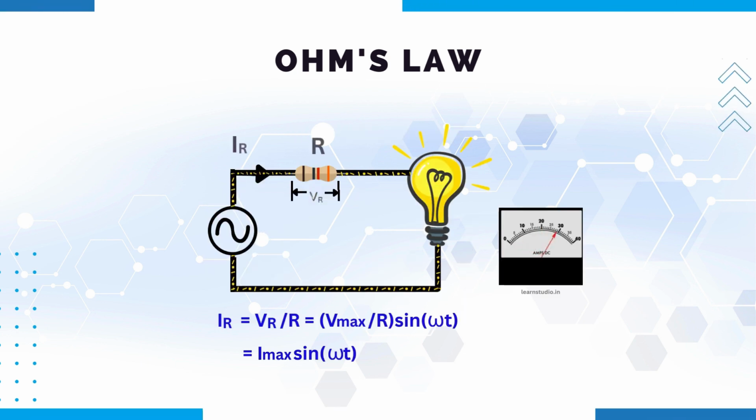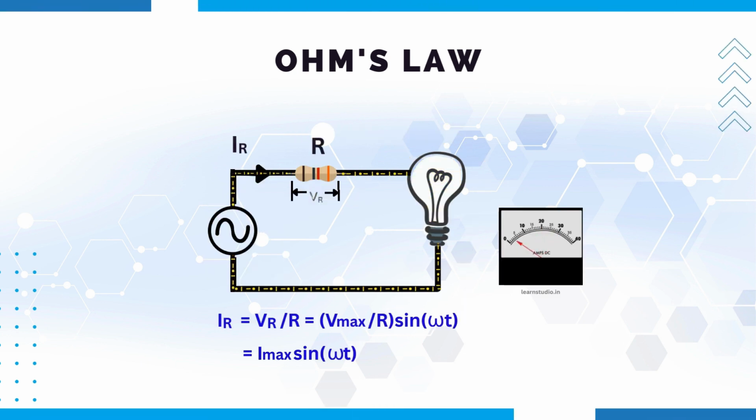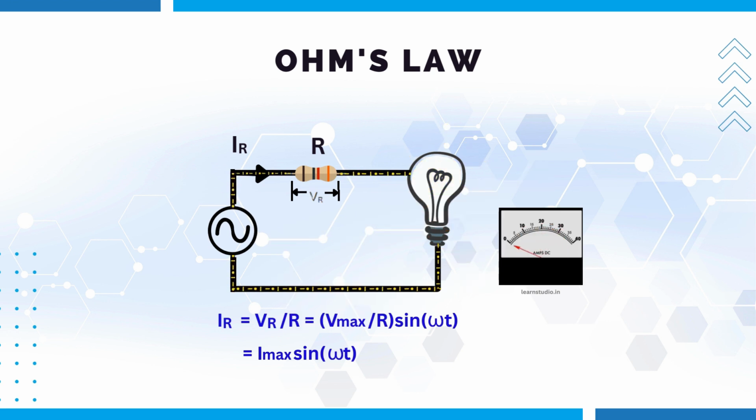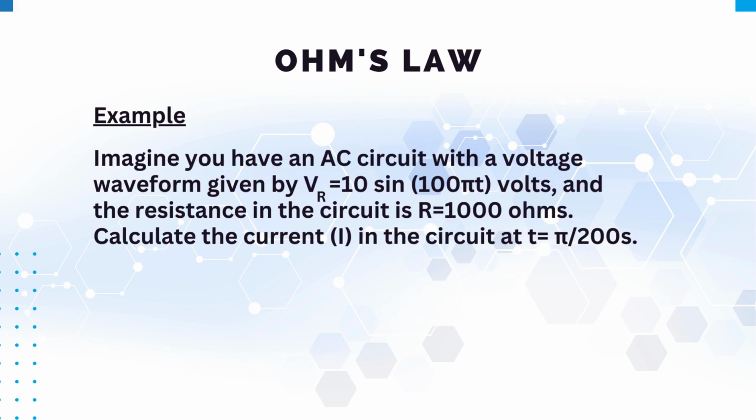As we know, Ohm's law states that the current flowing through a conductor is directly proportional to the voltage across it. In an AC circuit, the current flowing through our resistor, denoted as IR, is equal to VR divided by R resistance, which is equal to I max times sine omega t.